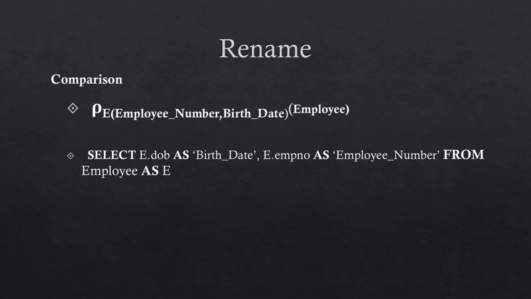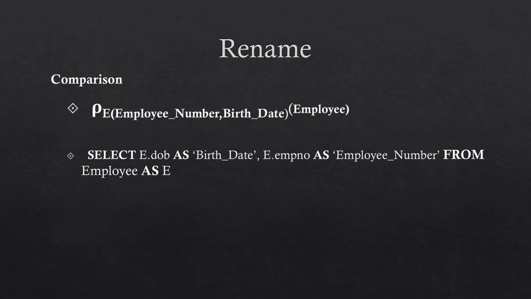For comparison, the first one is for relational algebra and the second one is for SQL. As you can see, we have rho, E, and then employee_number and birth_date, which is under the employee table.